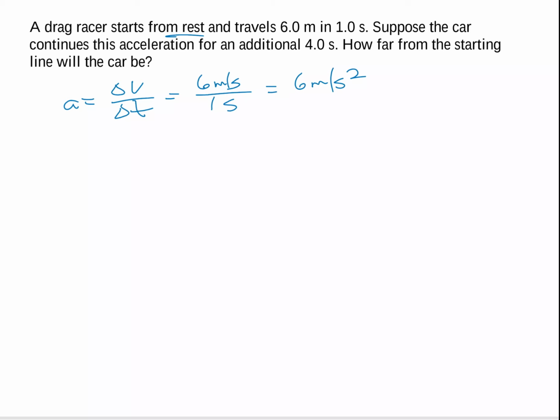Okay, so we know the acceleration, which we could do in our head, that's fine. Wanted to write it down though. Now what? Plug it into that final one. How far from the start?